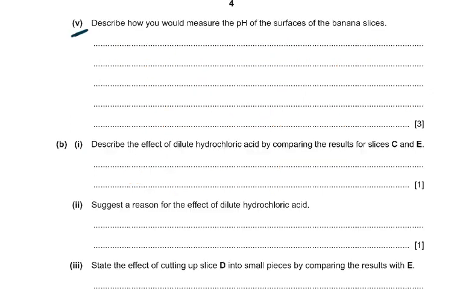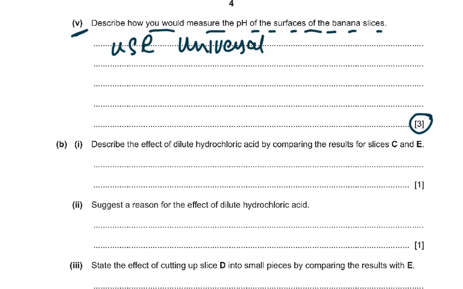Now coming to part 5, describe how you would measure the pH of the surface of the banana slice. Now that's 3 marks. So what would you use? You would use either a pH paper, or you could use a universal indicator solution. So use universal pH paper, or you can say a universal indicator solution. Then what do you do? You observe the color change.